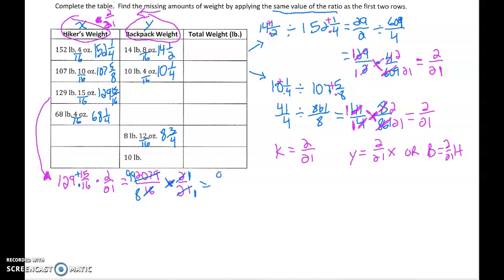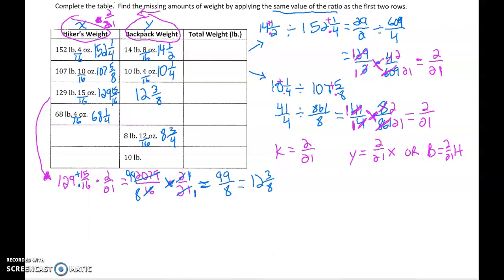So that works out to be 99 over 8. So 8 goes into 99 12 times. And then that's 96, and we'd have 3 of the 8s left over. So right here becomes 12 3/8 pounds. A lot of work with fractions, but we're still doing everything the same way.